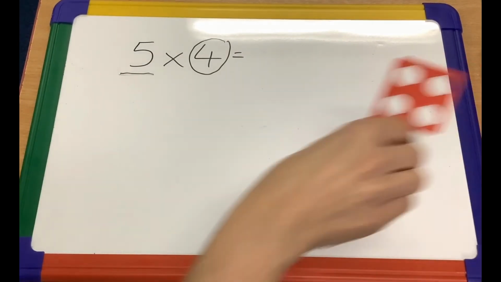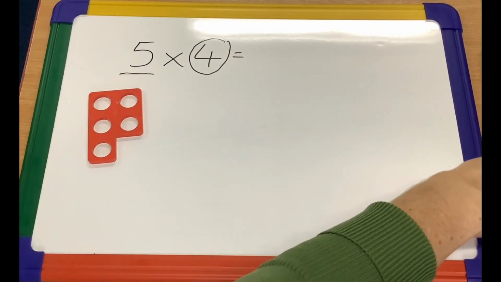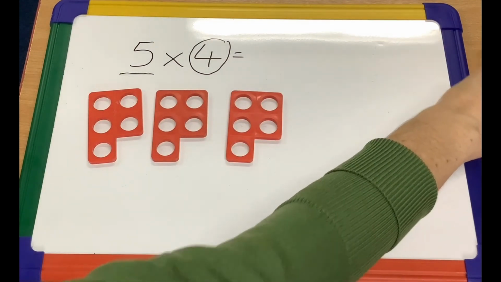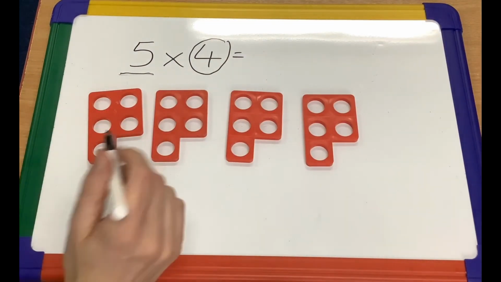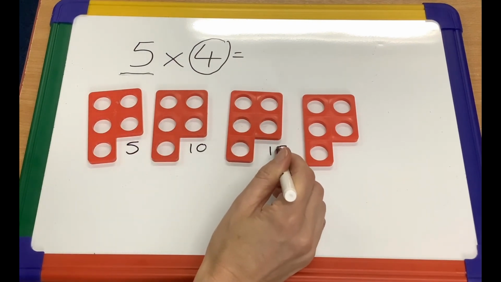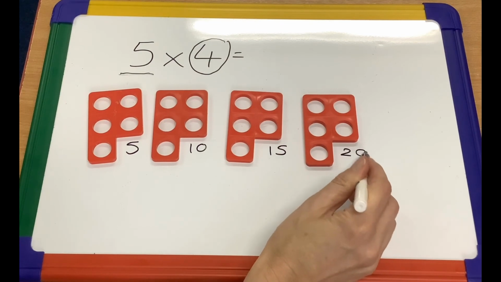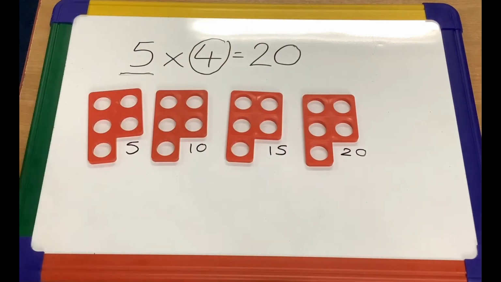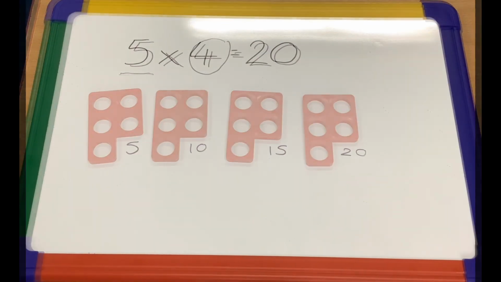So I'm going to get 4 fives. And let's count them. 5, 10, 15, 20. So because we can use our fives pattern, it was much easier to get the fives and count in fives.